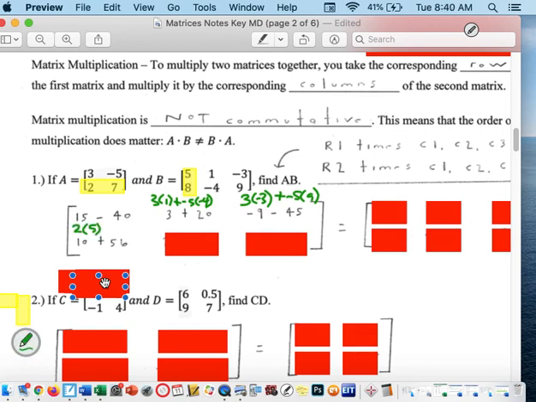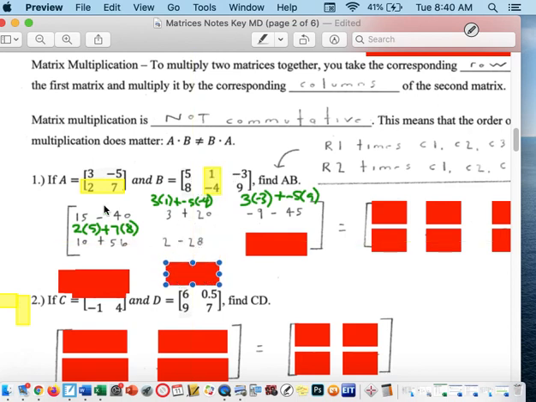Next, keeping my rows the same, going to the second column, 2 times 1 plus 7 times negative 4.